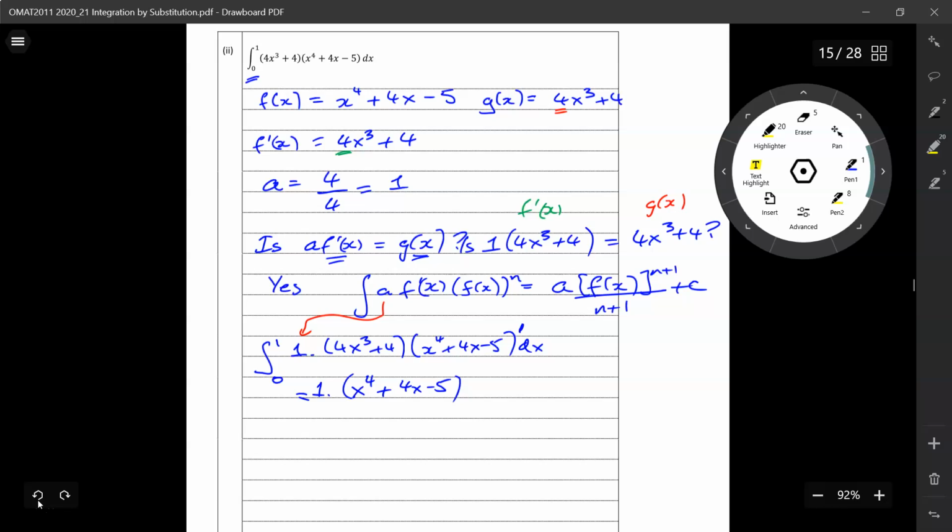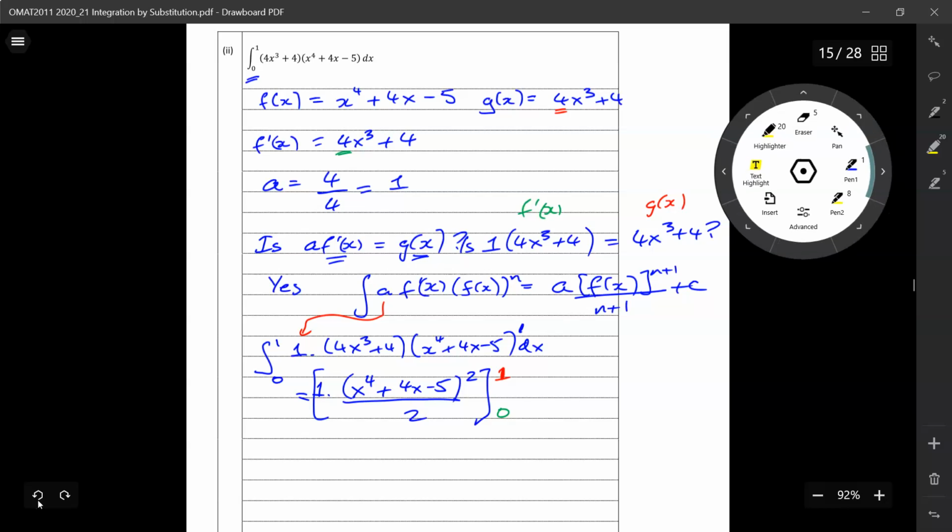The power up here is 1, so we raise that power to 2, and we divide by the 2. And we are going from our upper limit of 1 down to our lower limit of 0.